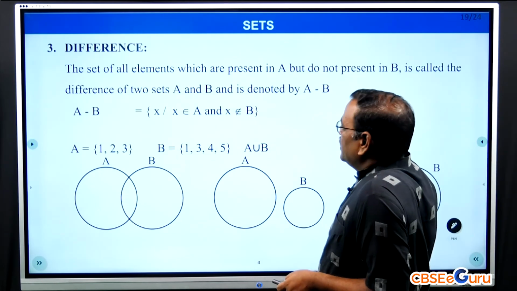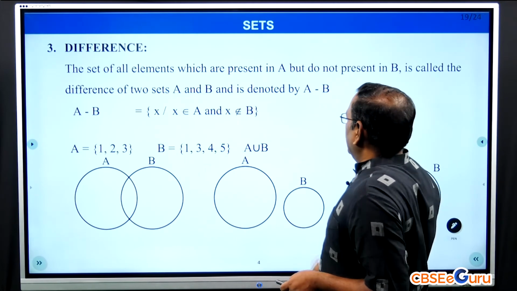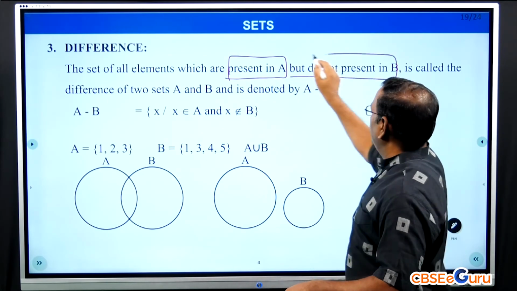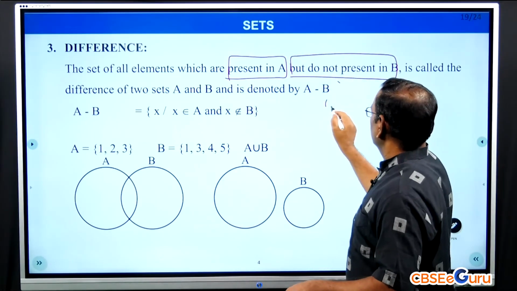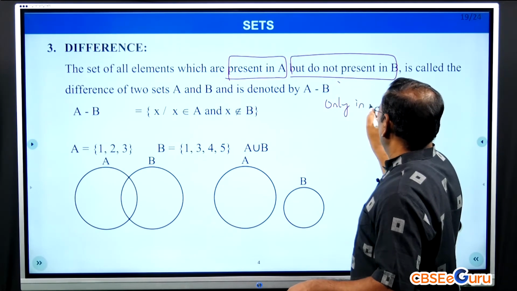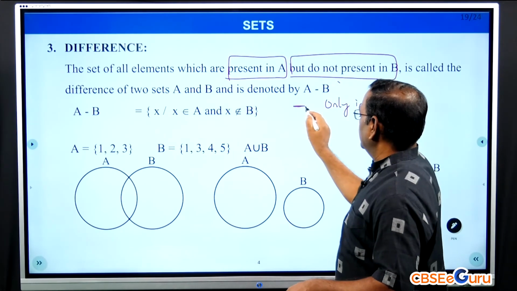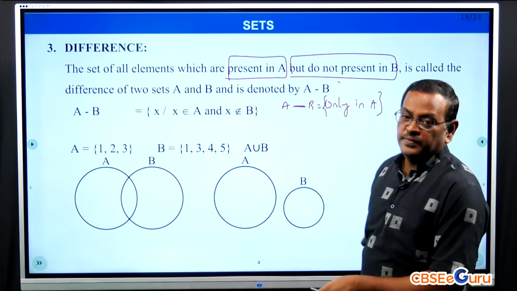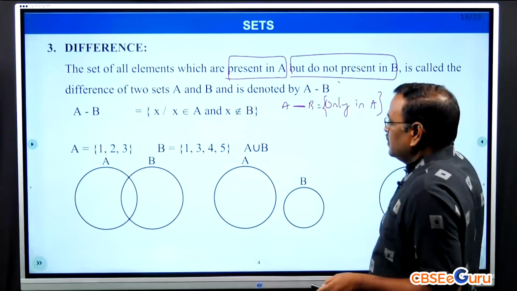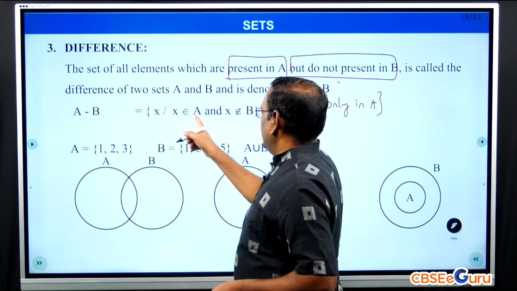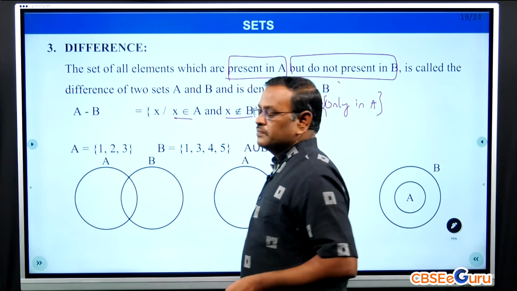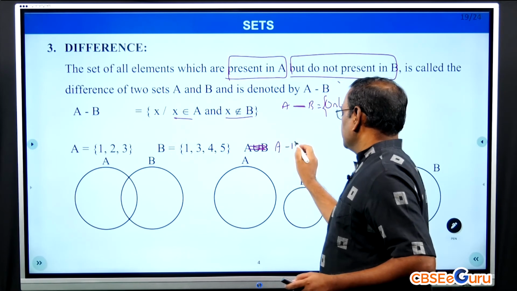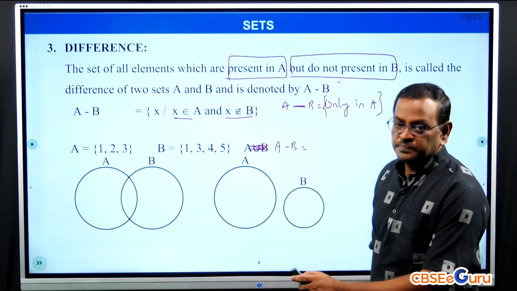Next, difference. Set of all elements which are present in A but do not present in B, which means only in A. The meaning of minus: A minus B, elements belongs to only A. Set of all x such that x belongs to A and x does not belong to B. So, what is A minus B?